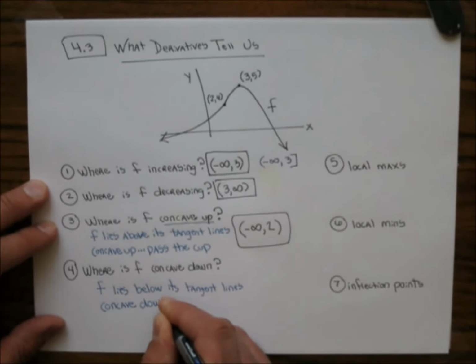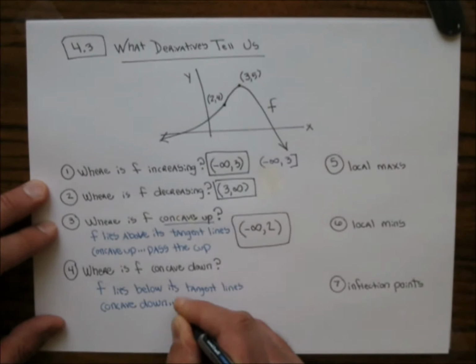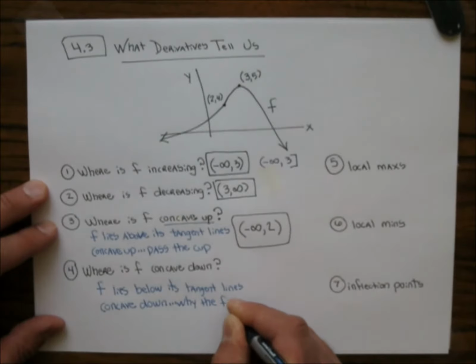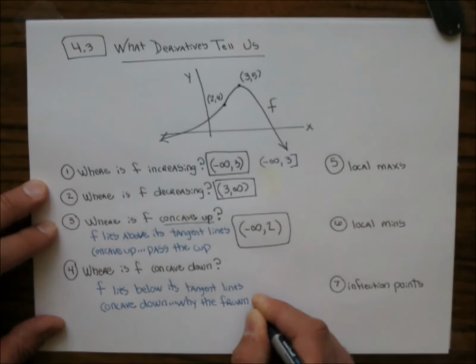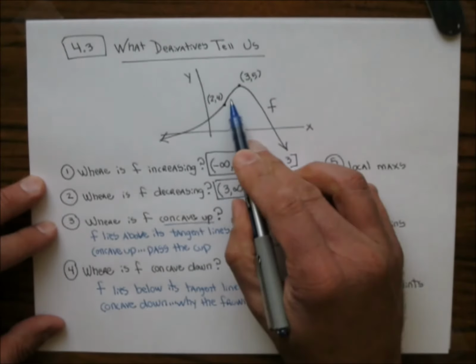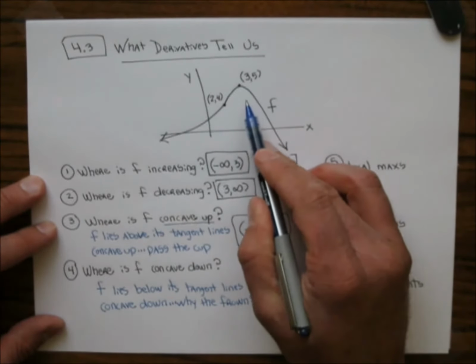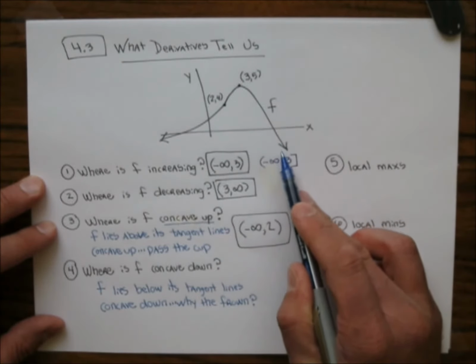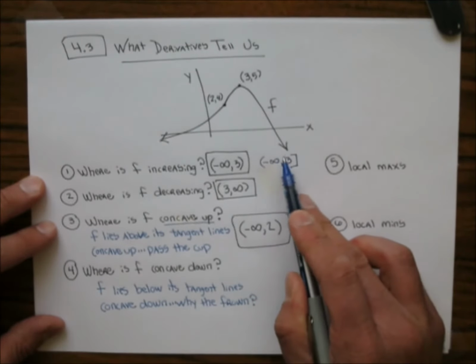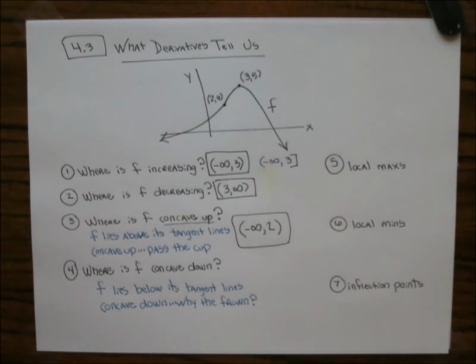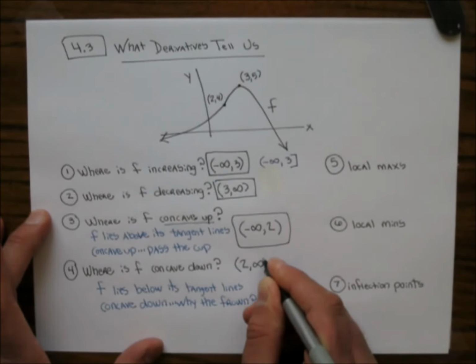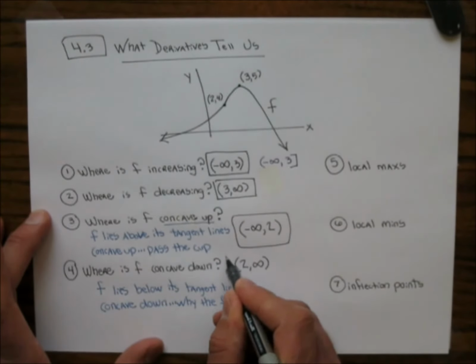Concave down: why the frown? Because a frown is concave down. How clever is that? That kind of looks like a frowny face right there. So the curvature is facing the bottom from the x value of 2 and all the way on, at least from what we can see. So from x equals 2 to infinity, your graph is sort of frowning. It is concave down.